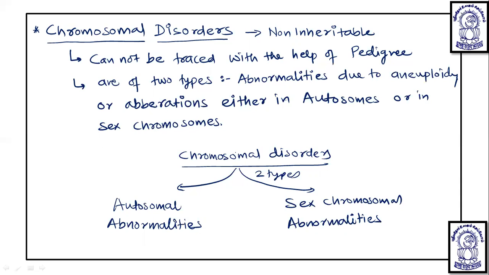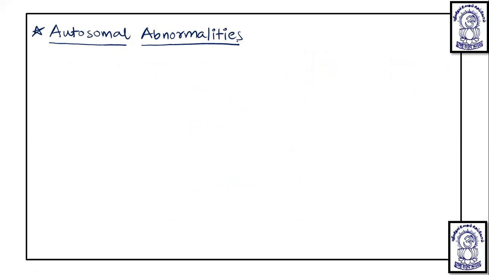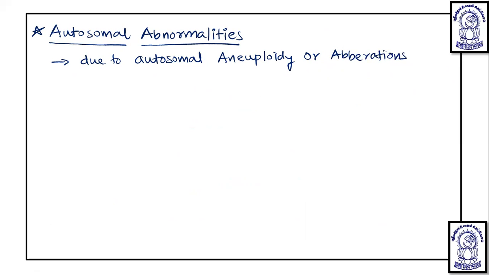So first we are going to discuss autosomal abnormalities. These are due to autosomal aneuploidy or aberrations.